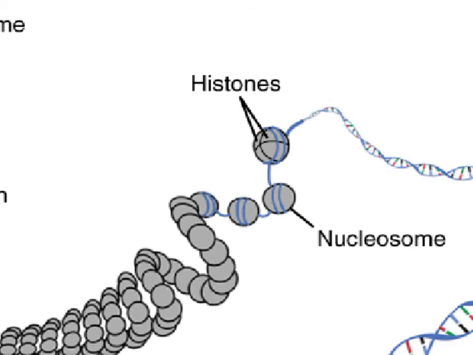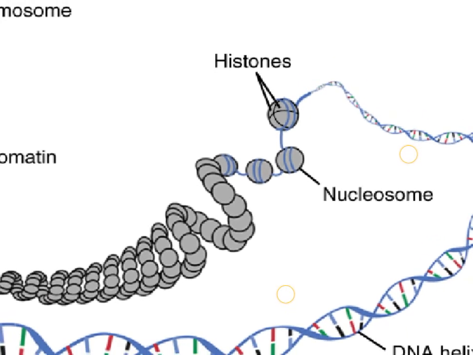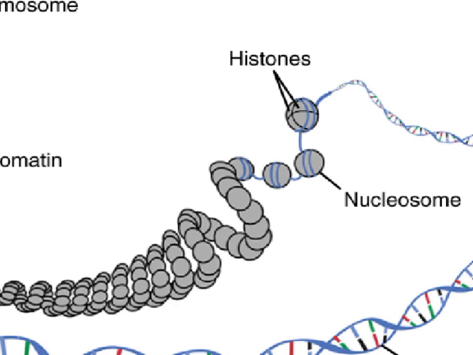Here in the diagram you can see so many histones are there, and nearby histone you can also see nucleosome. A nucleosome consists of 147 base pairs of DNA that is wrapped around a set of 8 histones, and it is called as octamer.